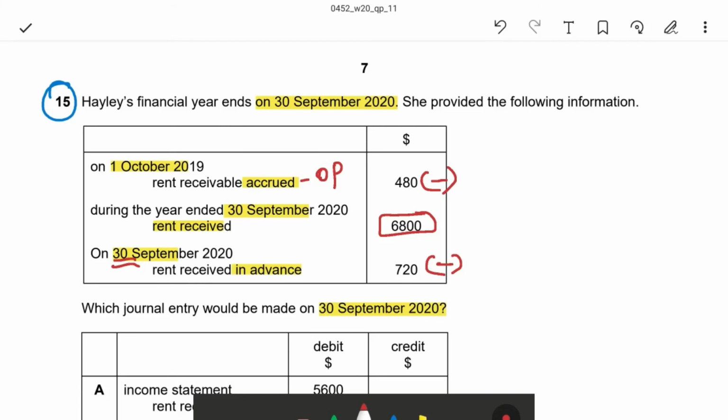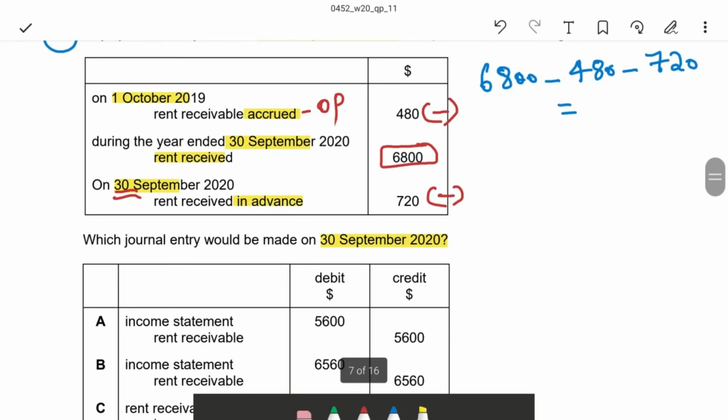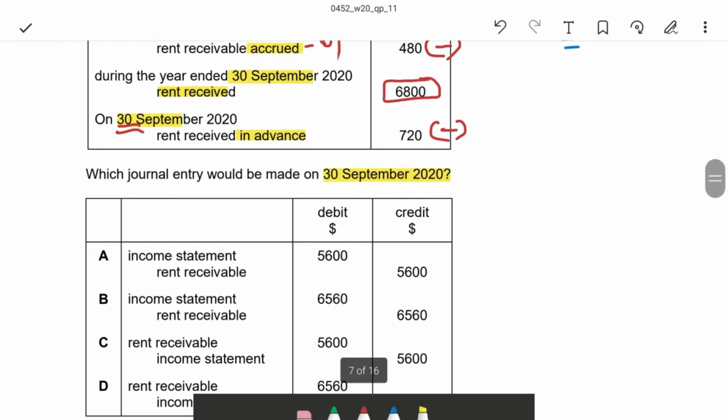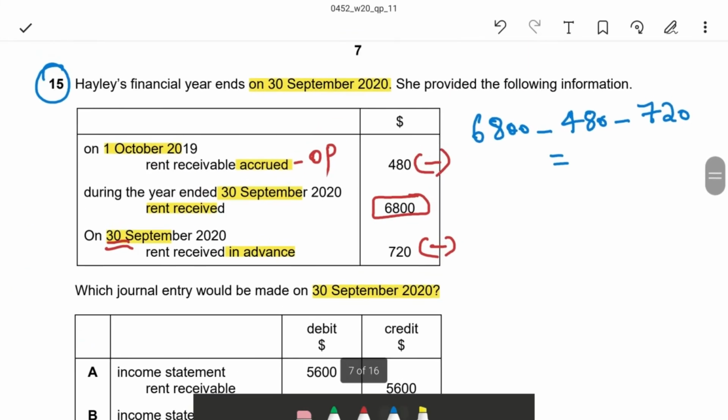So the correct amount is 6,800 minus 480 minus 720, which is equal to 5,600. 5,600 is the correct amount.